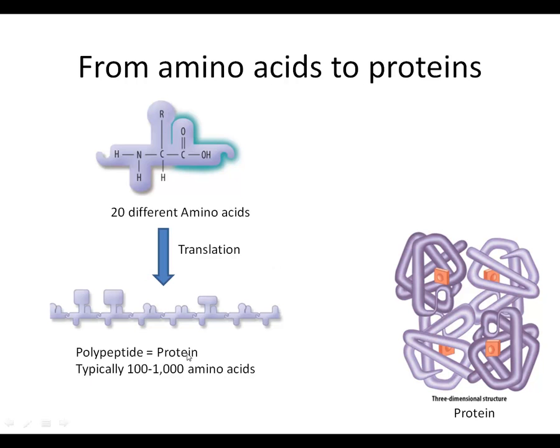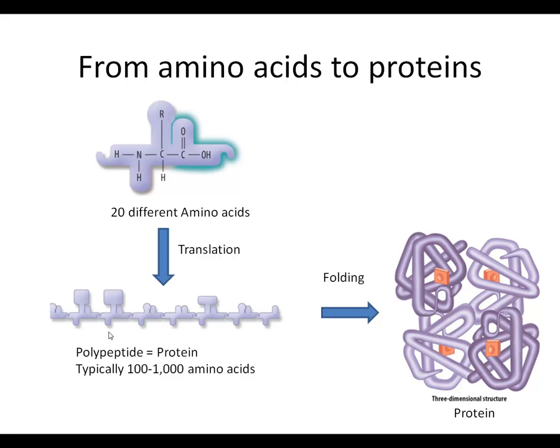But polypeptide and protein mean the same thing. So after these chains get put together, unlike the carbohydrates, what makes proteins work is actually their three-dimensional structure. This here, if it's strung out like that, does nothing for you.